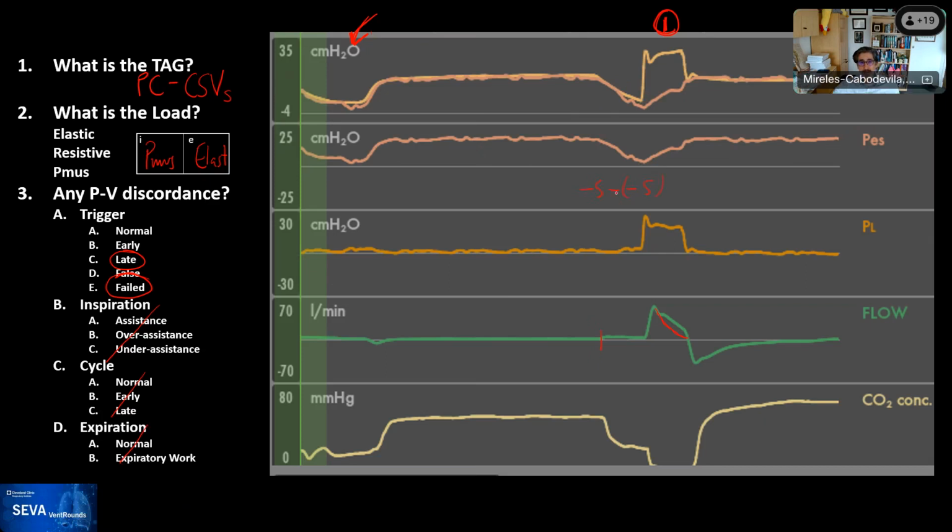So -5 minus -5 equals 0. So that's why the transpulmonary pressure during this period in which there is effort, but the esophageal pressure is going down and there's no change in flow, becomes flat.